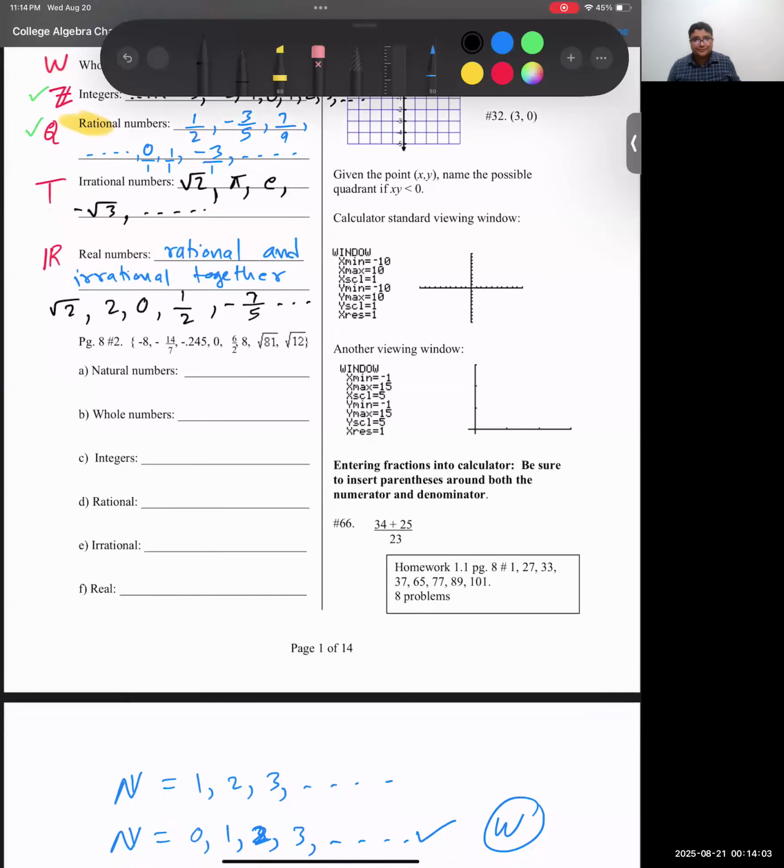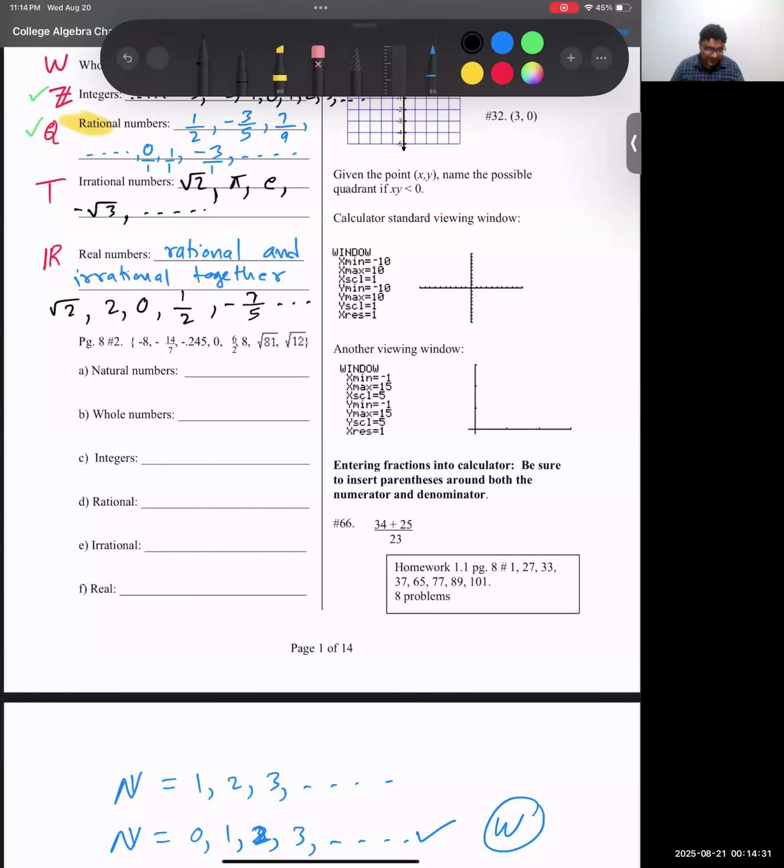Now here is an exercise that you will do. I want you to pause the video and do this exercise and then look at my solution, because in the next few seconds you'll see the solutions in the video. So pause the video now and do it. What you have to do is take these numbers in this list here and classify them.